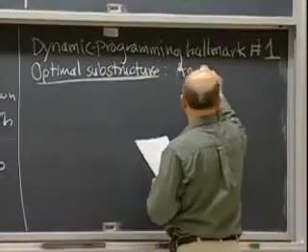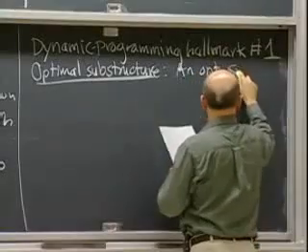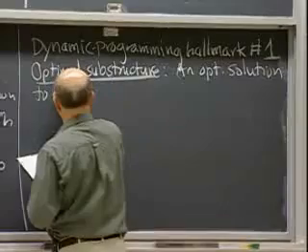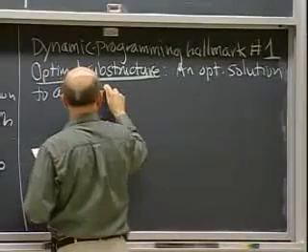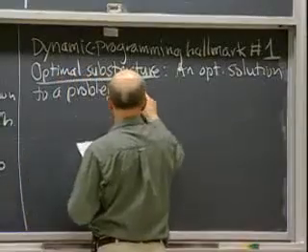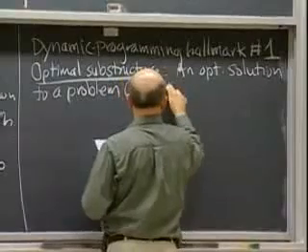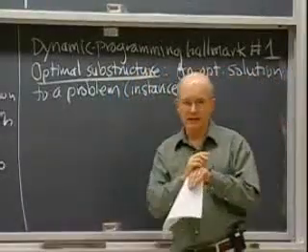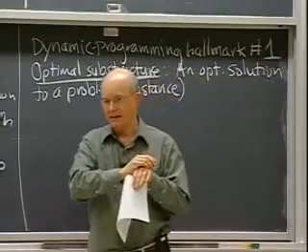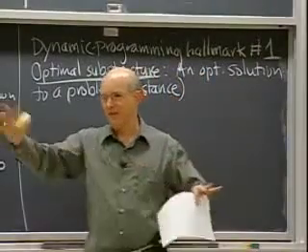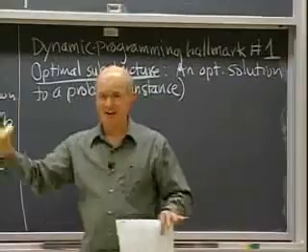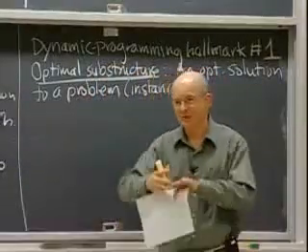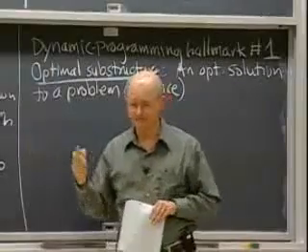What that says is an optimal solution to a problem. And by this we really mean problem instance, but it gets tedious to keep saying problem instance. A problem is generally viewed in computer science as having an infinite number of instances. So sorting is a problem, and a sorting instance is a particular input.